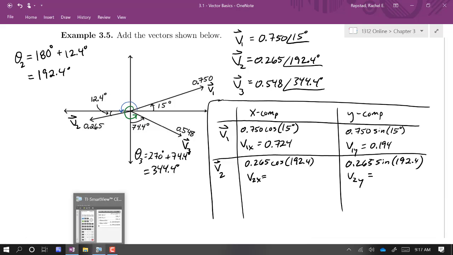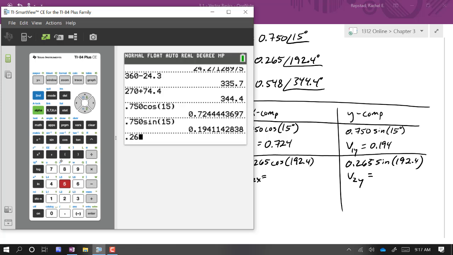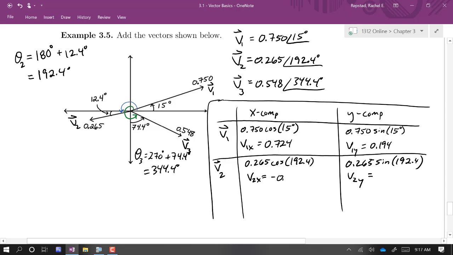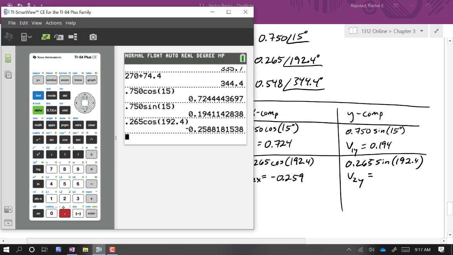Alright, so let's do the x component first. 0.265 cosine 192.4 is negative 0.259, and for the y component, 0.265 sine of 192.4 is negative 0.0569.